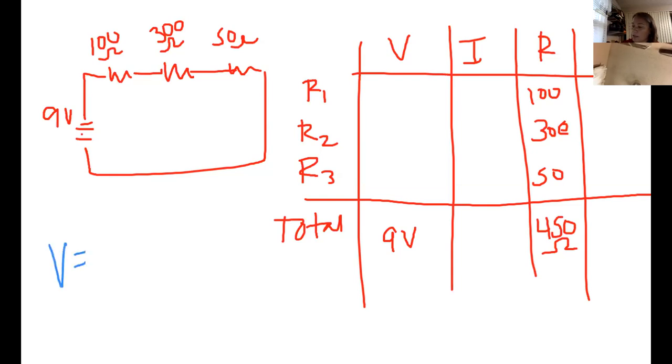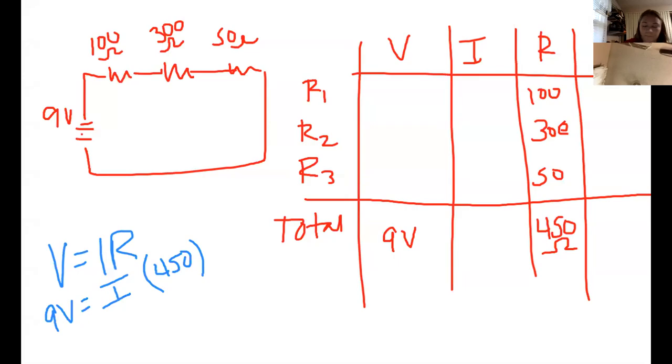Using Ohm's law here, we're going to apply Ohm's law to the entire circuit first. So I have for the whole circuit 9 volts equals I, the total current, times the total resistance. I'll give you a second to figure out what that total current is. We're going to divide 9 by 450 and find out that the current is actually equal to 0.02 amps.